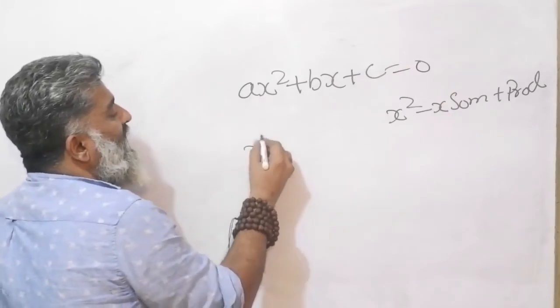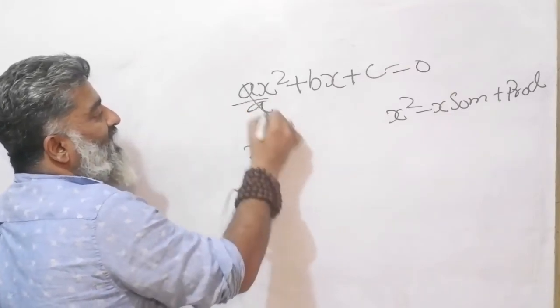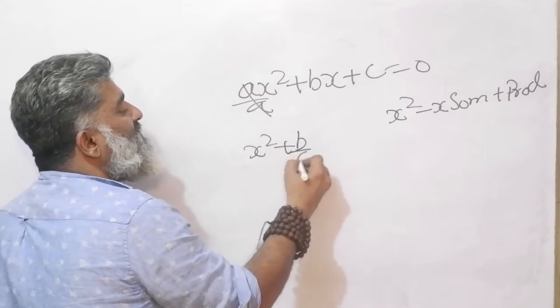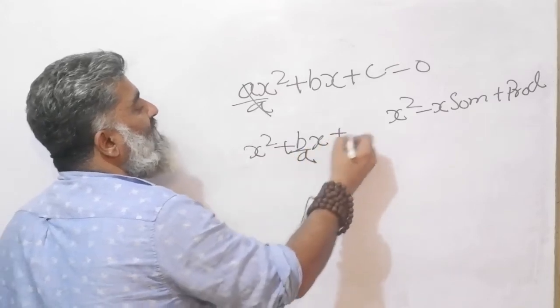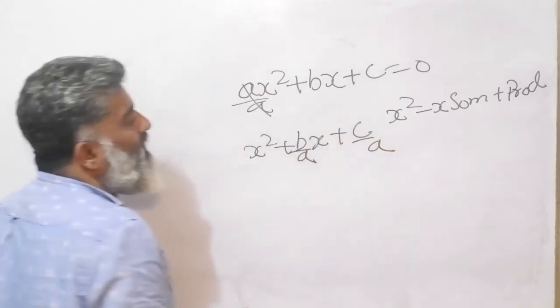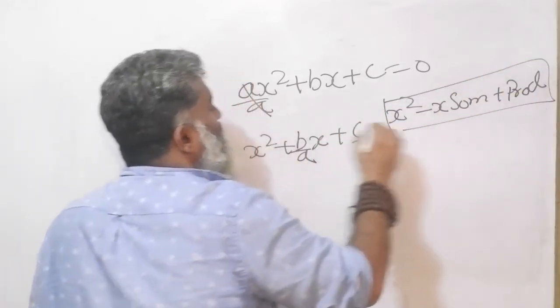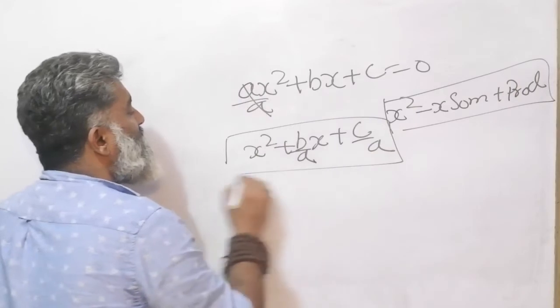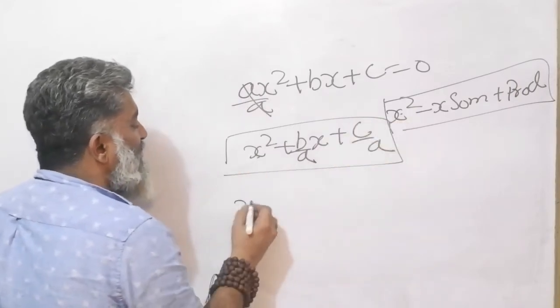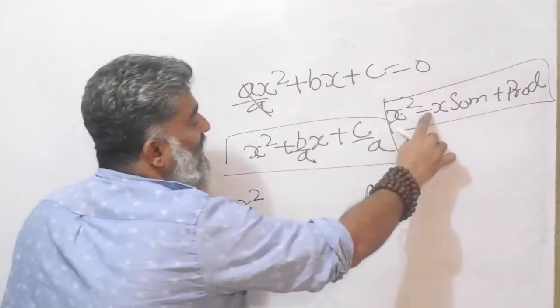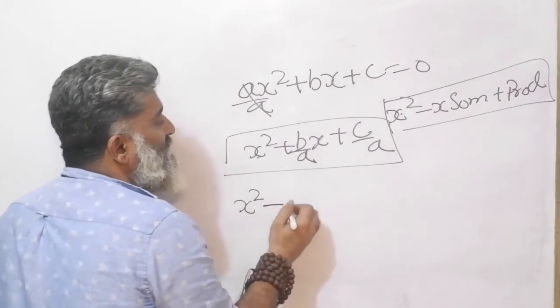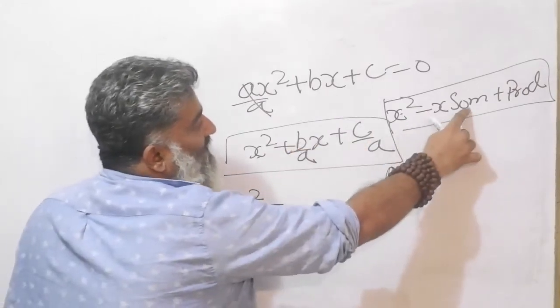What will I get? I will get x square. The a will get cancelled. I'll get b by a times x, and then c by a. Now again, it becomes about comparing this story and this story together. So x square is absolutely fine, but here I had a minus, so let me put a minus here, and here I have the sum.